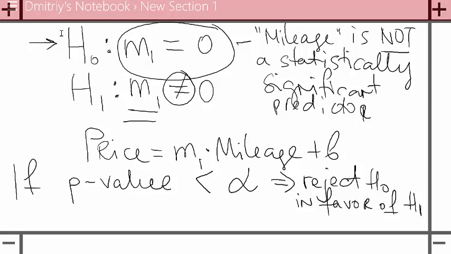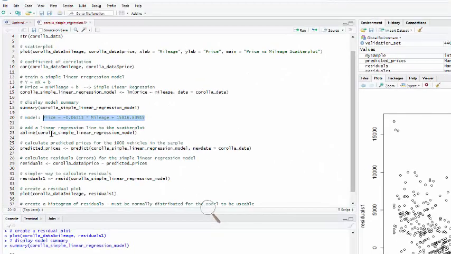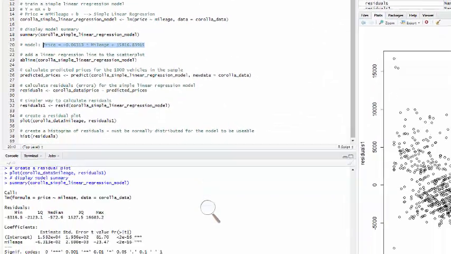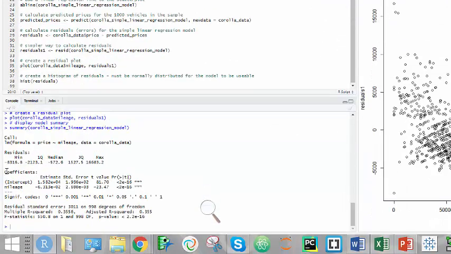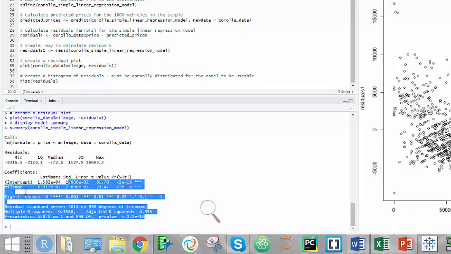Okay. So, essentially what I'm saying is, I need a p-value, right? Where do I find it? I find it in my output. So, here is my model summary, right? When I run this function, summary of the model, it generates output for me.